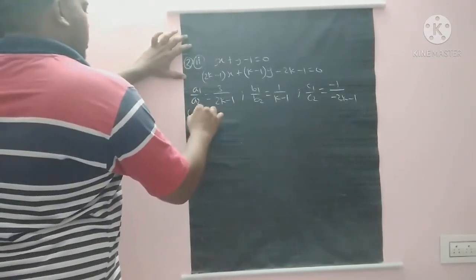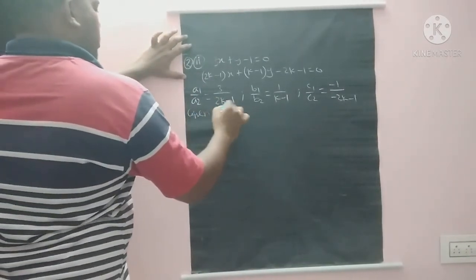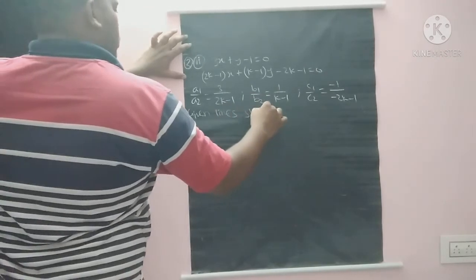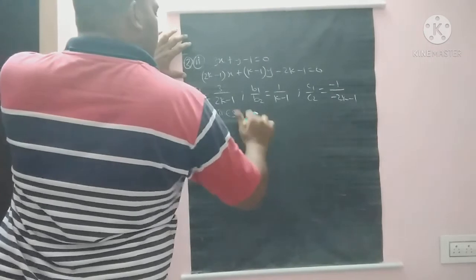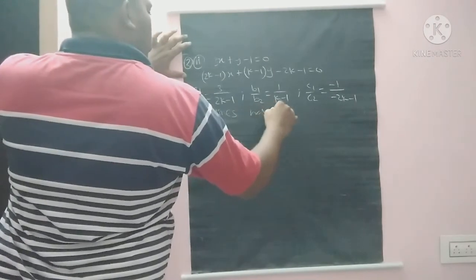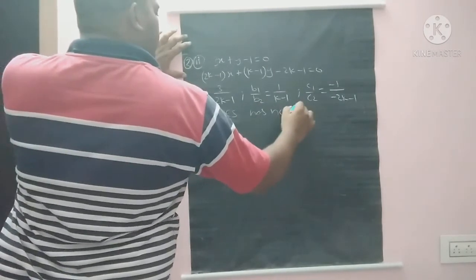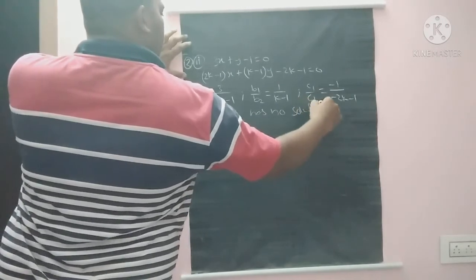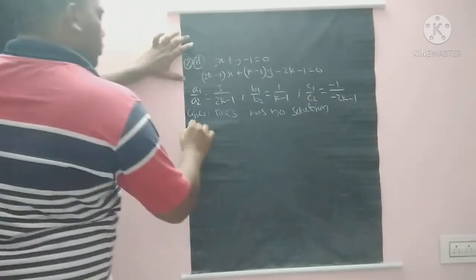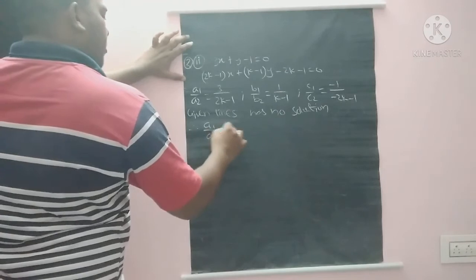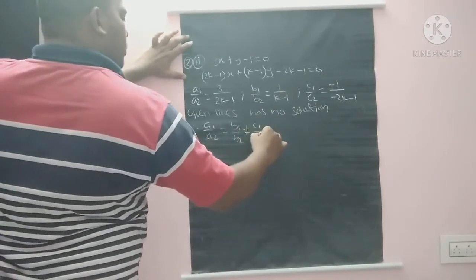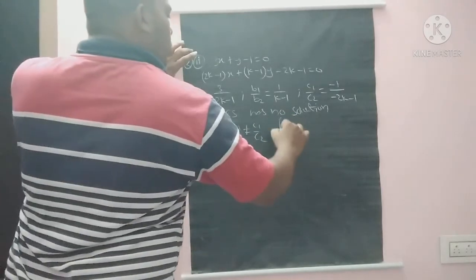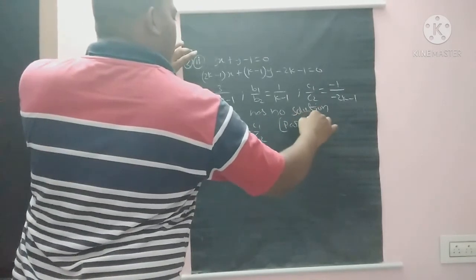So the given lines should have no solution. Therefore the condition: no solution means parallel lines.